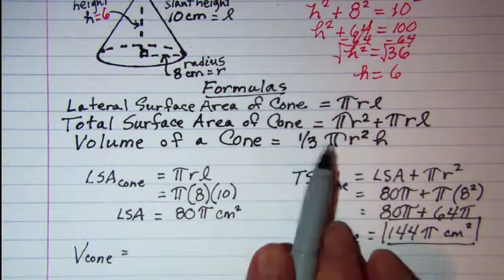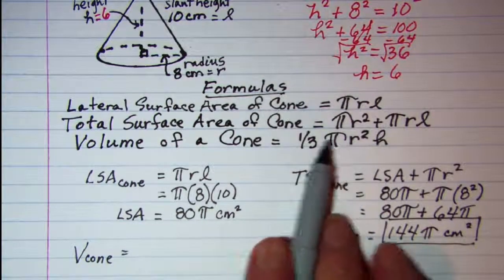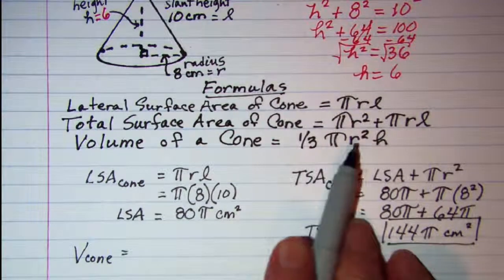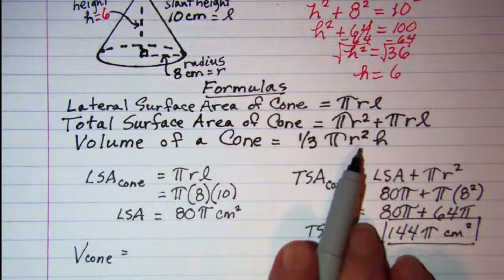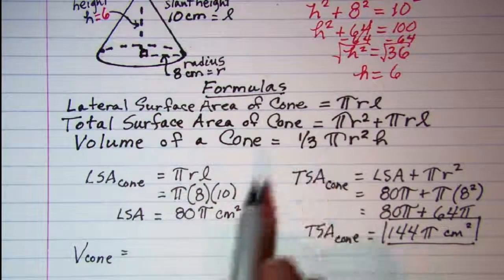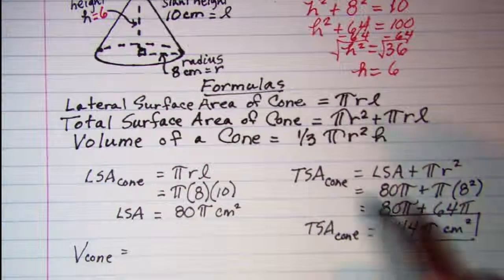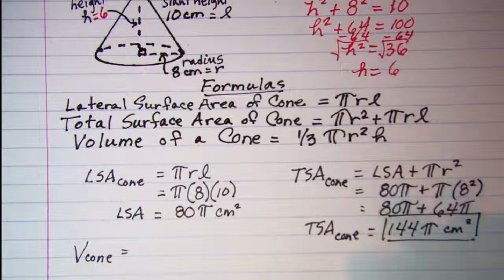So it's 1/3 times the area of the base times the height. Well, for a cone, since our base is a circle, the area of our base is pi r squared. So this changes just a little bit, but if you wanted to remember 1/3 area of the base times the height, that would be fine, if you remembered that the area of a circle is pi r squared.